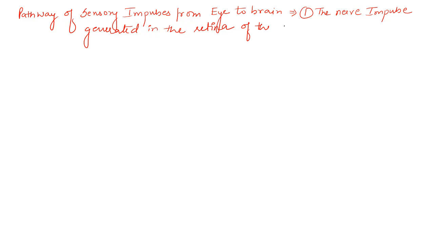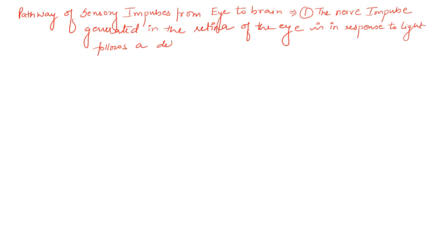The nerve impulses generated in the retina of the eye in response to light follow a very significant path and terminate in the visual cortex.